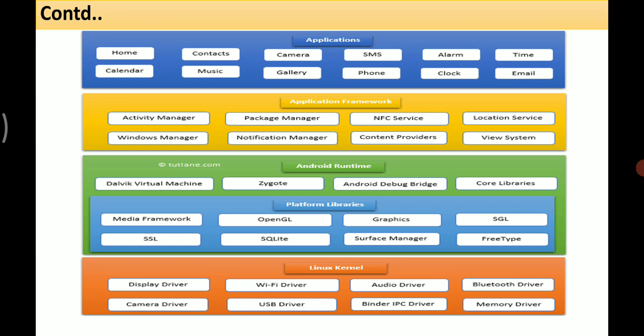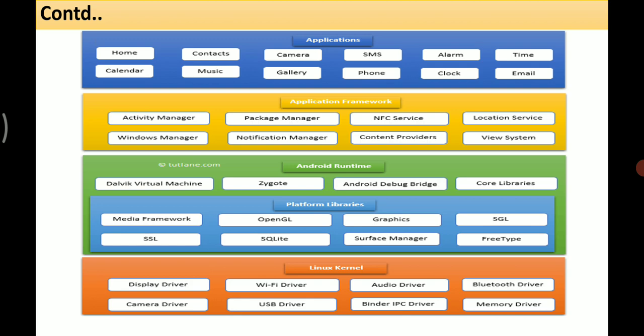Next we have the application framework. In this we have activity manager, package manager, NFC service, location service, Windows manager, notification manager, content providers and view system. In the Android runtime, we have Dalvik Virtual Machine, that is DVM, then Zygote, Android Debug Bridge, and core libraries.